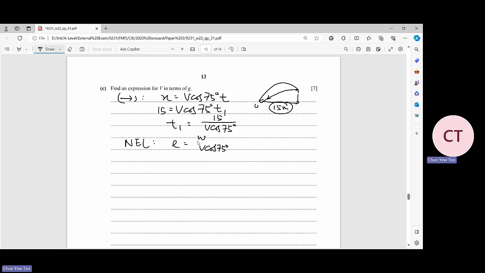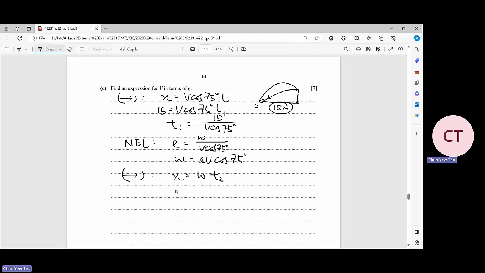So the velocity after the collision, I will use W. So W will equal to EV cos 75 degree. After the collision, you also have X equals to W t2.